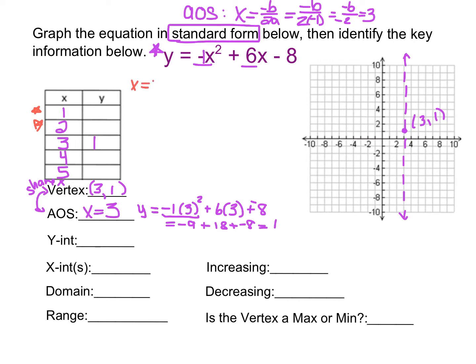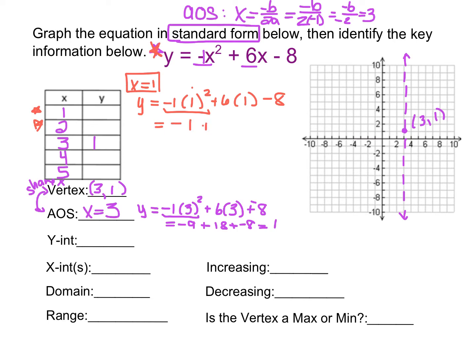So I start off with x is equal to 1, and we're going to use our equation here. So we have y is equal to negative 1 times 1 squared plus 6 times 1 minus 8. Well, I know from here that 1 squared is 1, and 1 times negative 1 is negative 1.